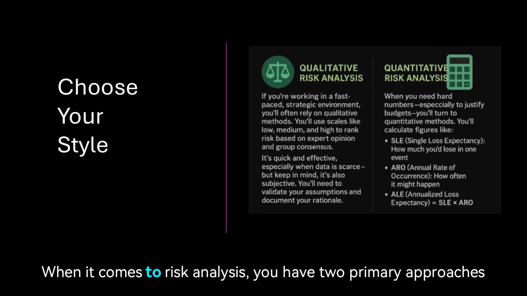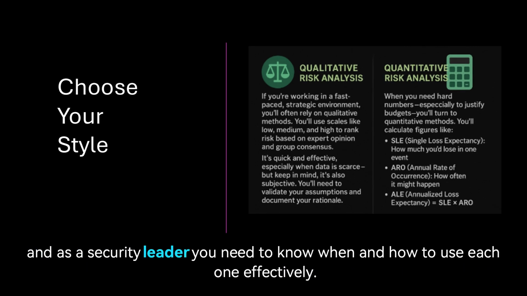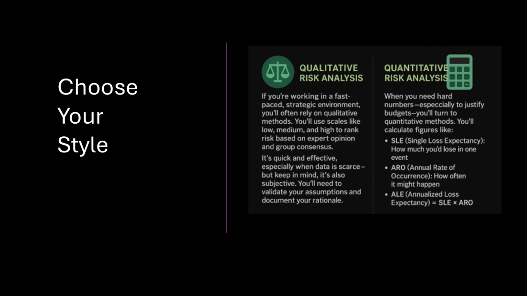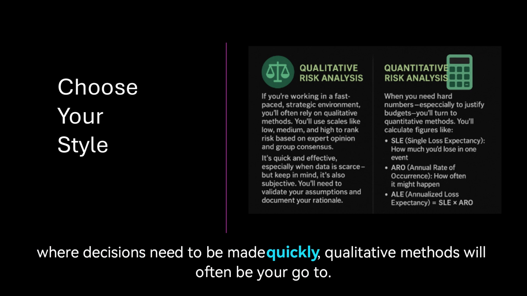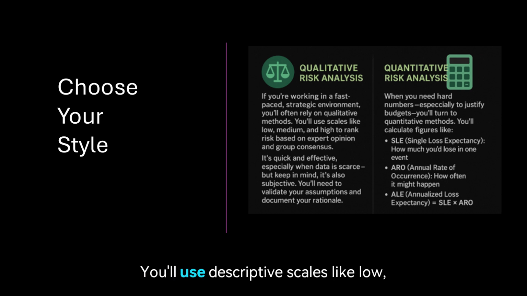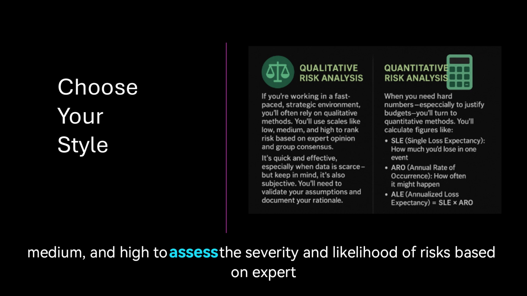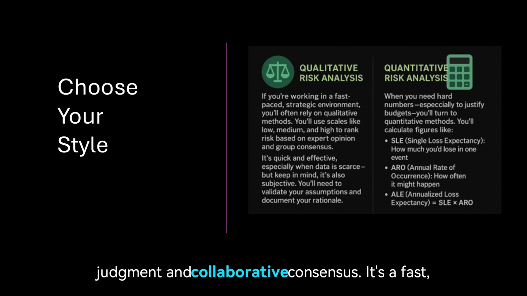When it comes to risk analysis, you have two primary approaches, and as a security leader, you need to know when and how to use each one effectively. If you're operating in a dynamic, fast-paced environment where decisions need to be made quickly, qualitative methods will often be your go-to. You'll use descriptive scales, like low, medium, and high, to assess the severity and likelihood of risks based on expert judgment and collaborative consensus.